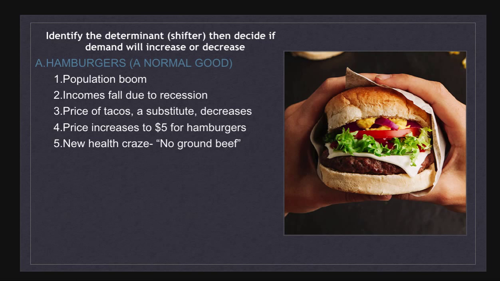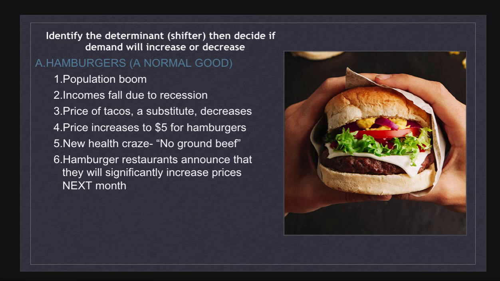Is it going to increase or decrease demand, and is it going to shift the curve to the right or the left? Put in your answer. And take a glance over at your neighbor after you have put in your answer. Compare and see which of you is correct.